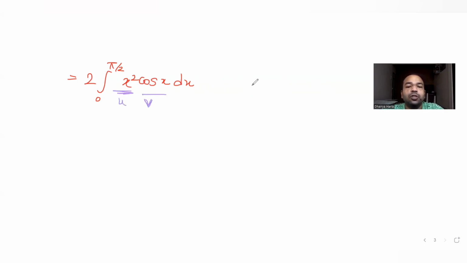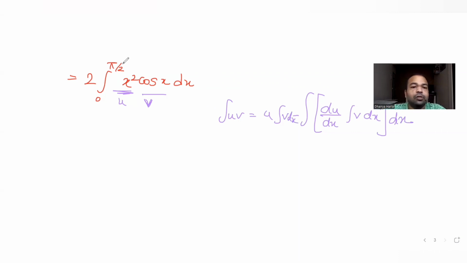So we already know integral u into v, I can write that as u integral v minus integral of du by dx into integral v dx, the whole with dx. Here also you are integrating with respect to dx. And first of all, some of you may have questions here that how do you get this as u and this as v?